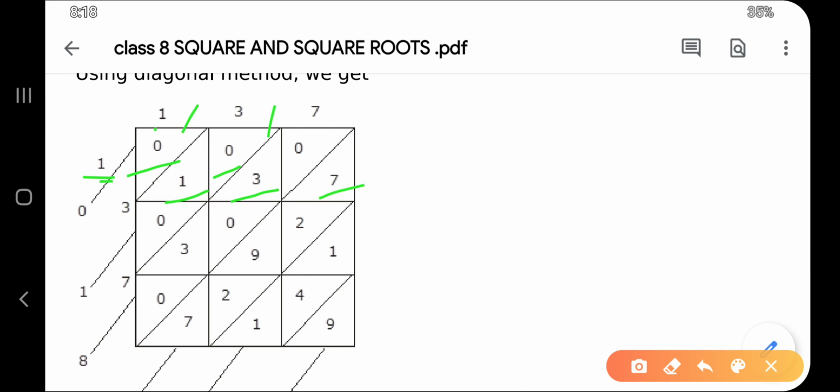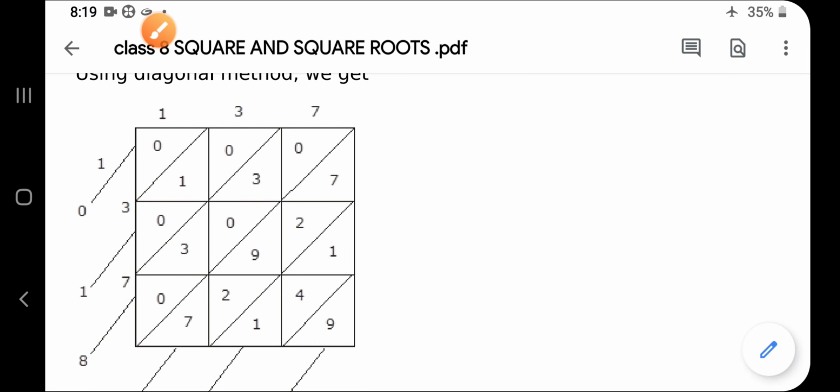Now 1 multiplied by 3 is 3. 3 multiplied by 3 is 9. 7 multiplied by 3 is 21. The ones place is in the lower sub box and the other digits in the higher one. Similarly, 1 multiplied by 7 gives 7. 3 multiplied by 7 is 21. 7 multiplied by 7 is 49.